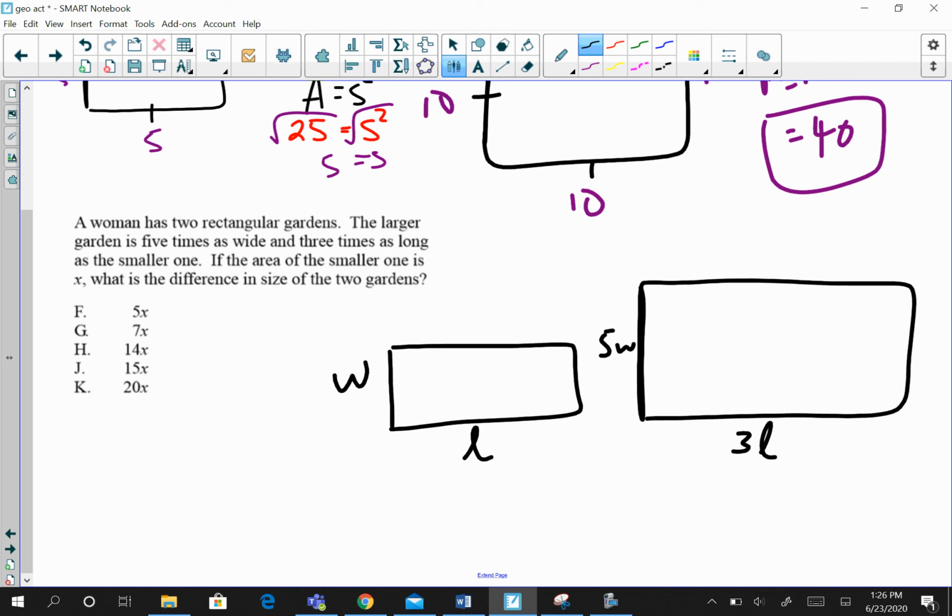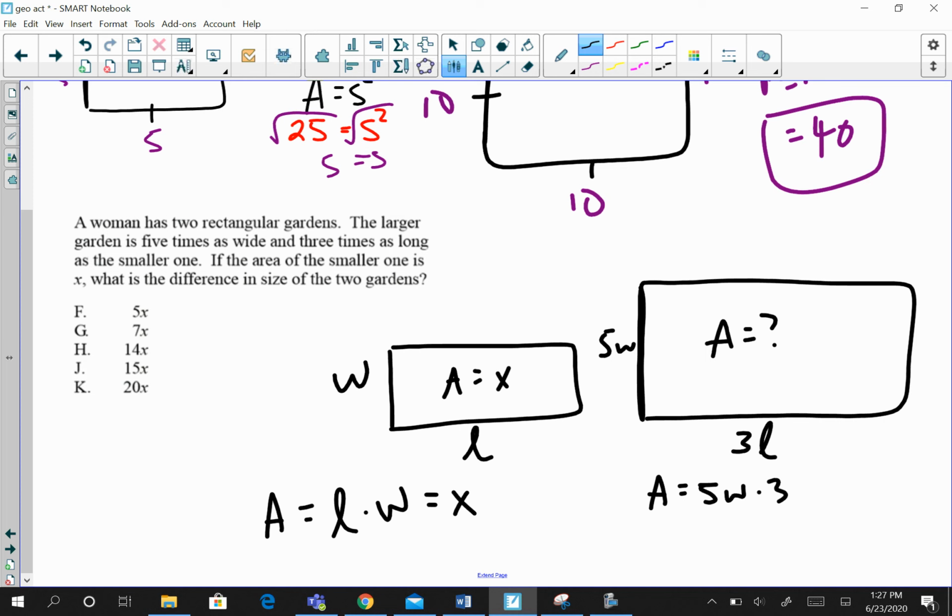So here I know that area equals x. So we're going to use a lot of letters here, which stinks, but that's okay. I have length times width, that's my area, is equal to x. Here I want to know what is this area. Well, again, area is length times width, but I have 5w times 3l, or 15wl.